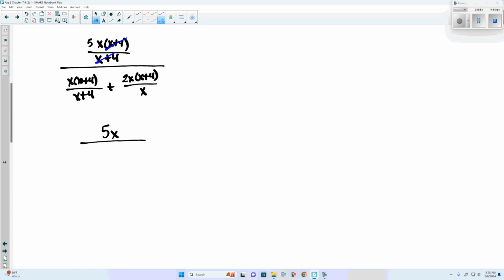We can do it with the denominator. Because on the left, our x plus 4 and x plus 4 cancel, leaving us with just x, plus. Here, our x and x are gone, leaving us with 2 times x plus 4.